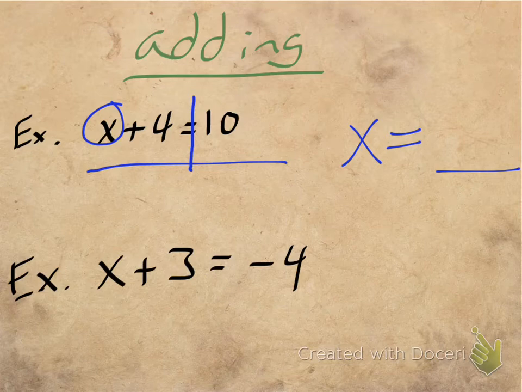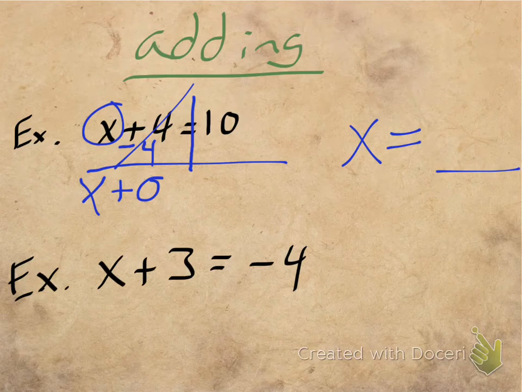The operation that's there is plus, so we're going to subtract 4, because 4 minus 4 is 0. It cancels out. Doesn't disappear, it just turns to a 0. x plus 0 is x, so basically you don't really have to write this 0 unless it helps you out, but the 0 disappears.